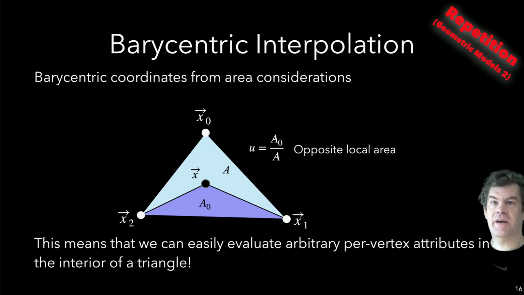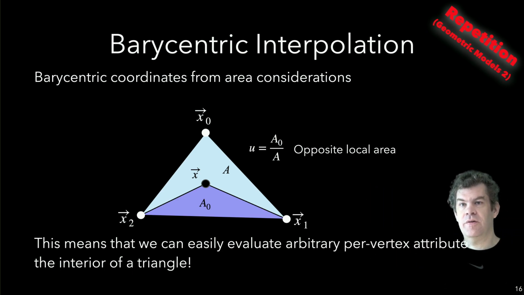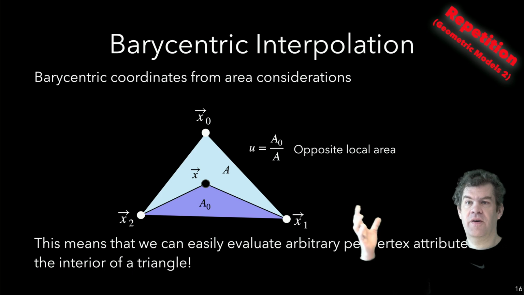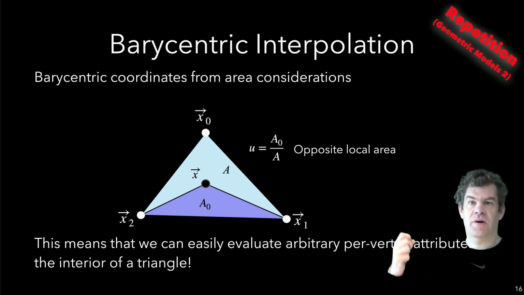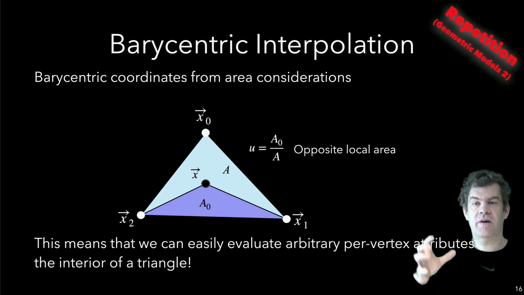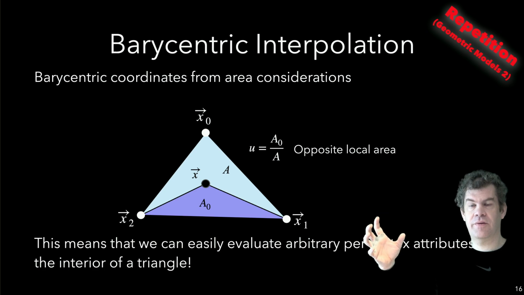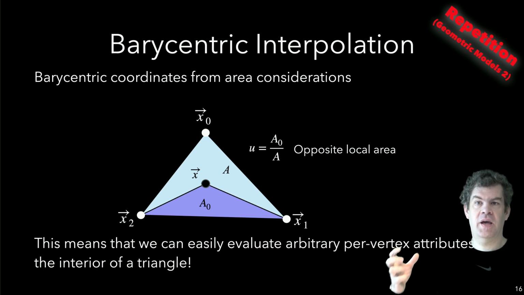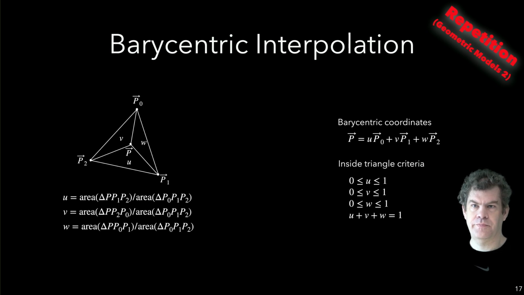If I repeat the process with x1 and x2, you can see that u, v, and w sum up to 1, because these 3 subtriangles make up the triangle A.